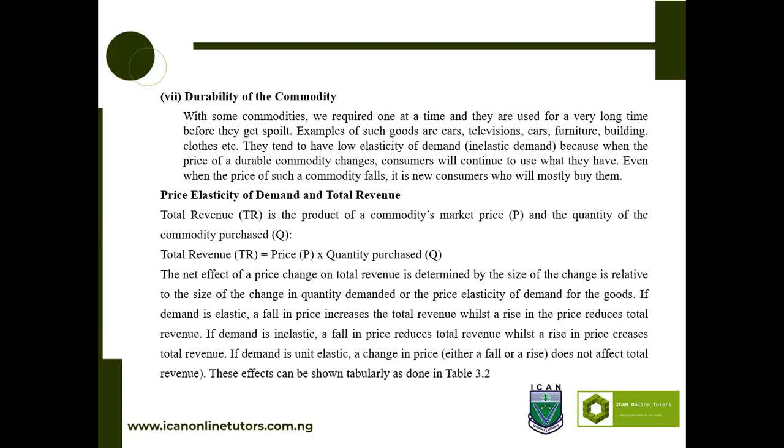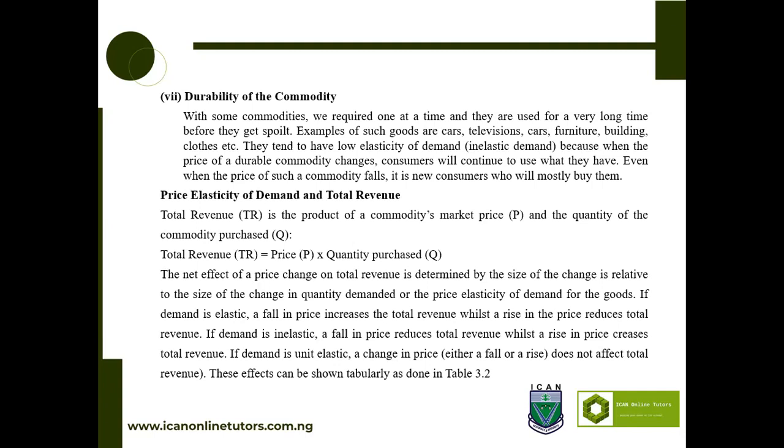When the price of a durable commodity changes, consumers will continue to use what they have. So this is one of the determinants of price elasticity of demand. Durability will tell the consumer not to buy till the one in use expires. So even when the price of such a commodity falls, it is mostly new consumers who will buy them.